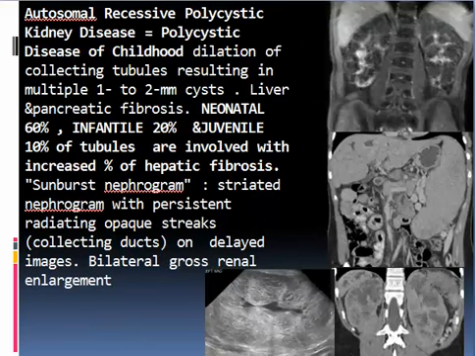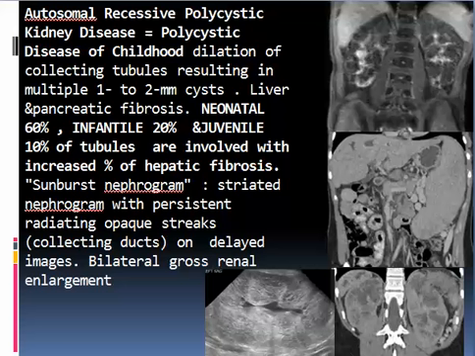What is the infantile type? It is autosomal recessive polycystic disease of childhood. There is dilatation of the collecting tubules resulting in multiple 1 to 2 millimeter cysts. The dilatation is in the collecting tubules, not in the excretory tubules.